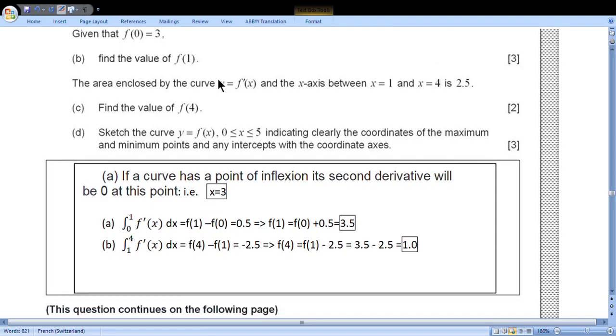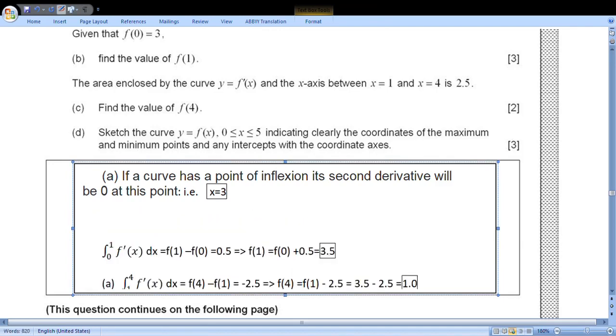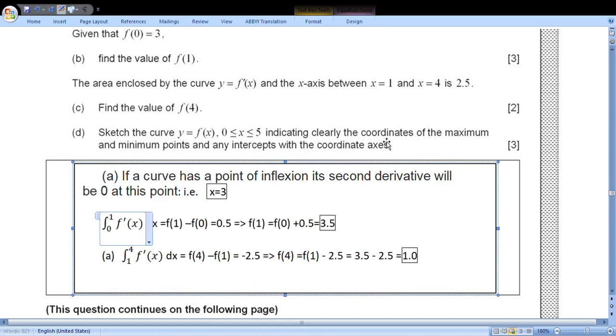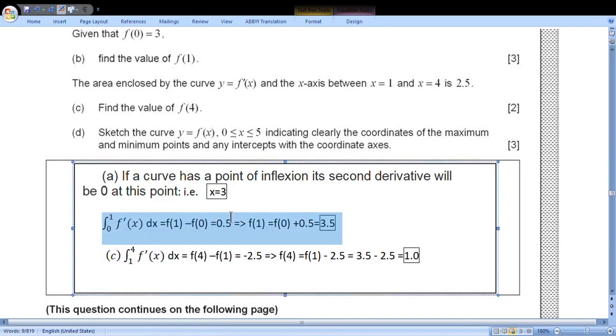We found B. Now this is B, and this is C. Okay, that's strange.